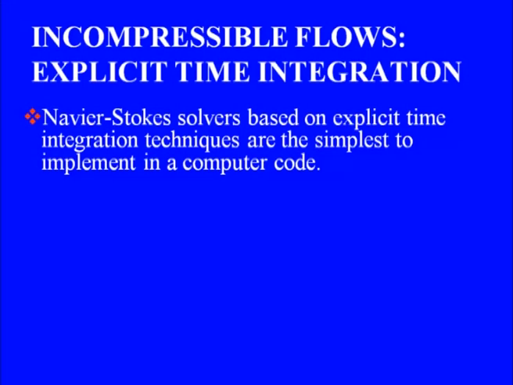Now, let us have a look at the characteristics of explicit time integration. If we try to implement these Navier-Stokes solvers based on explicit time integration techniques, they are simplest to implement, because we can straightaway obtain the values of the flow variables in terms of the values at the preceding time instant. That is what we saw in the case of the McCormack method for compressible flows.